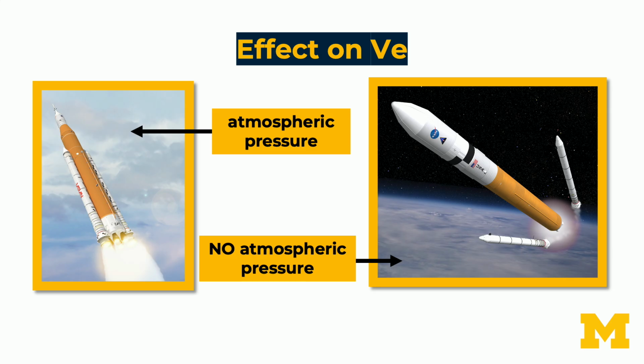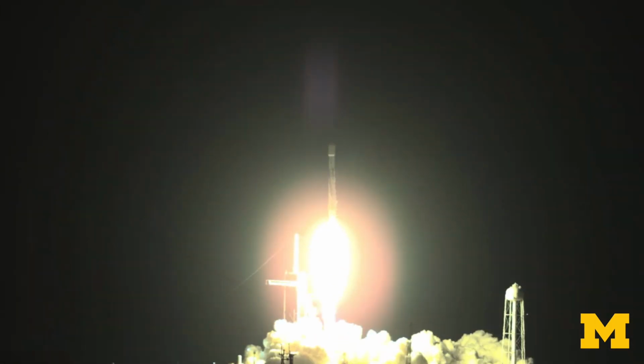That's because atmospheric pressure is pushing on that exhaust, and it doesn't let it escape as much. So the efficiency of the rocket plume is not as good in the atmosphere as when it gets into space.